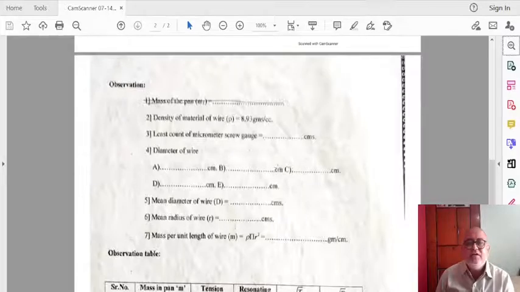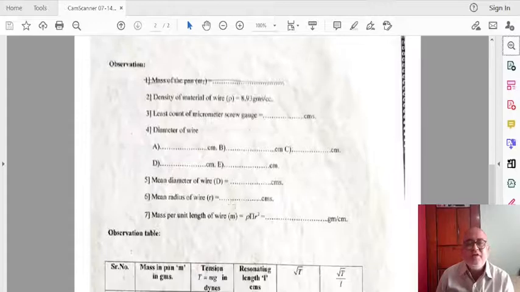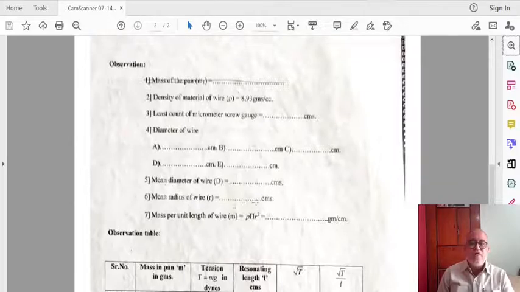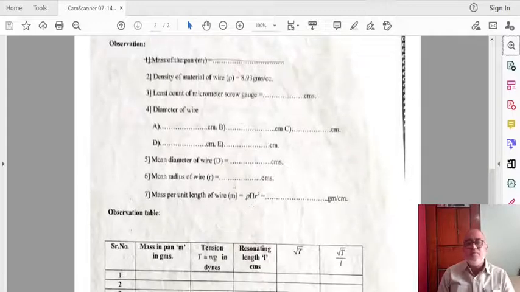By taking 5 different lengths, we can take a mean diameter of that wire. Then diameter by 2 is nothing but the mean radius of the wire. Then mass per unit length of a wire is given by the formula rho pi r square. By doing these calculations, we will get it.